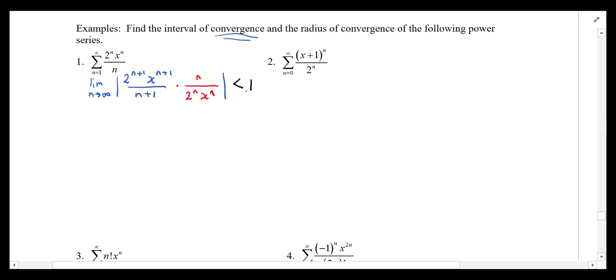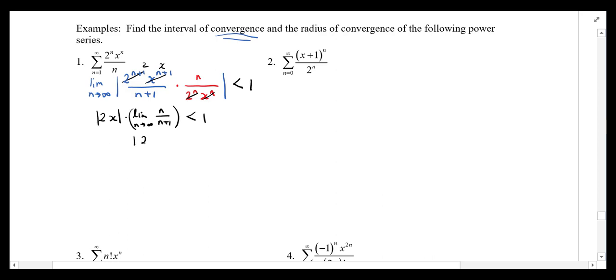Okay? So as I simplify, I think I just get a 2. I get a, what, x. So really I have here 2x times the limit as n approaches infinity of n over n plus 1. And of course I know that that by the n behavior model is just 1.